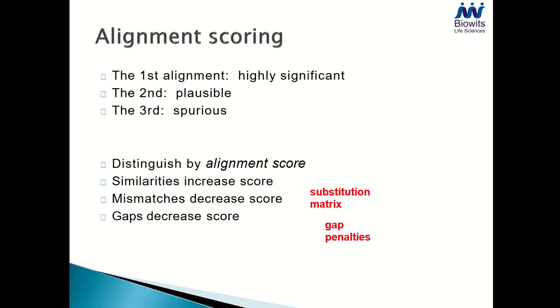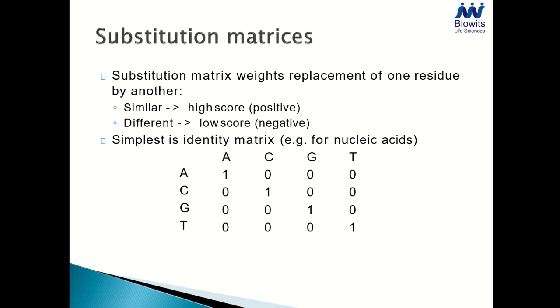So we can establish substitution matrix and gap penalties. So pag sinabing substitution matrices, substitution matrix weights replacement of one residue by another. Pasabi nga natin, pag similar, high score, that is positive. Pag naman magkaiba, low score, negative. Simplest is identity matrix. So like for example, the nucleic acids.